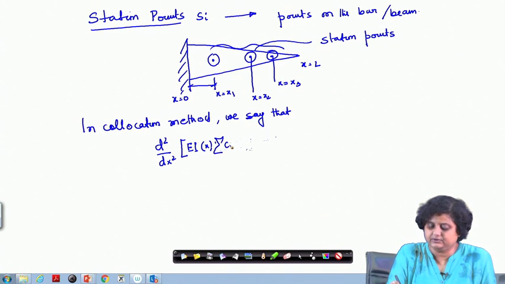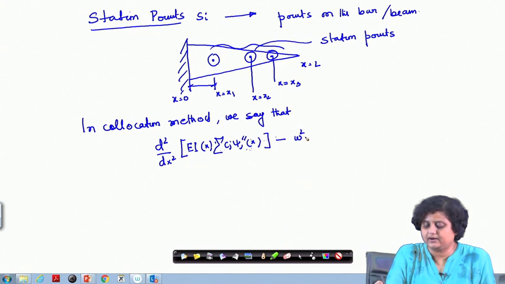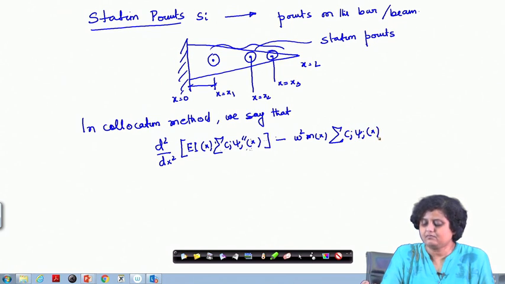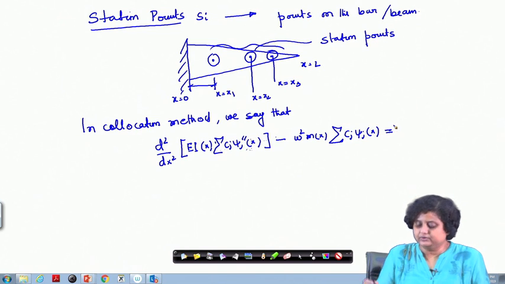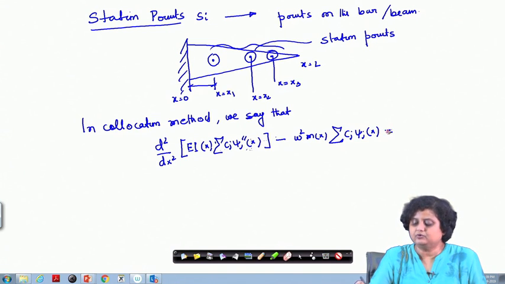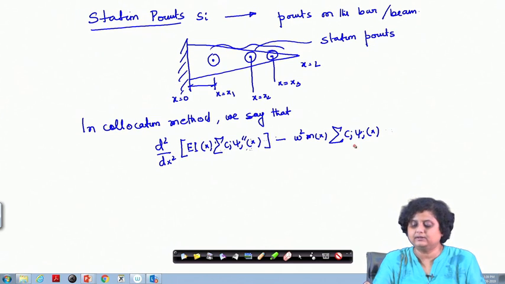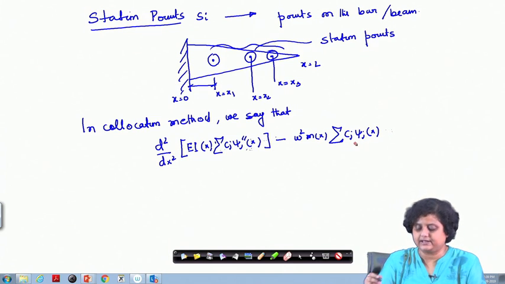Summation of Cj psi j double dash minus omega square mx. So, this equation is where I have approximated my phi x with summation Cj psi j x.